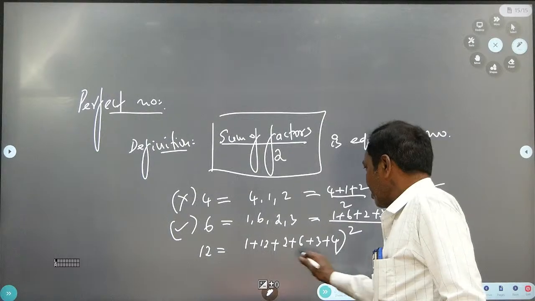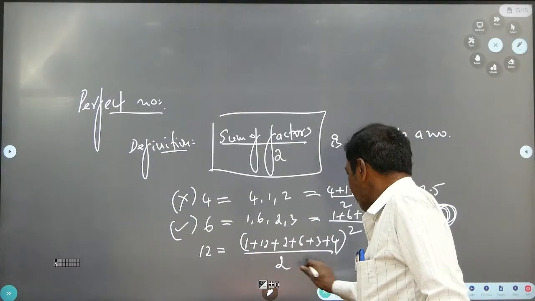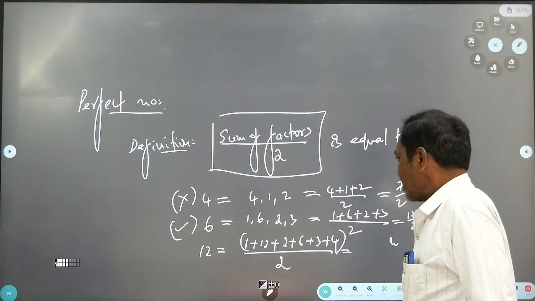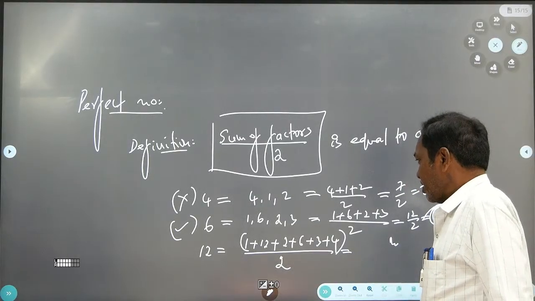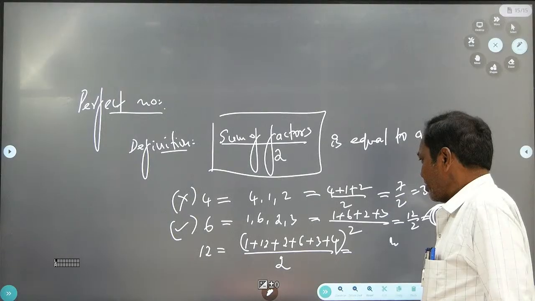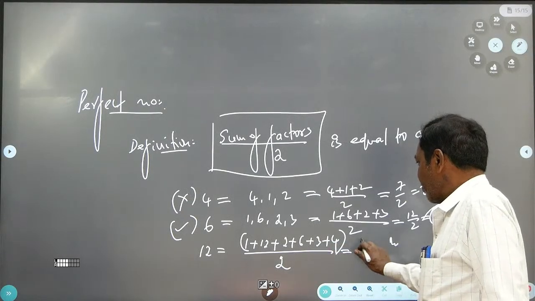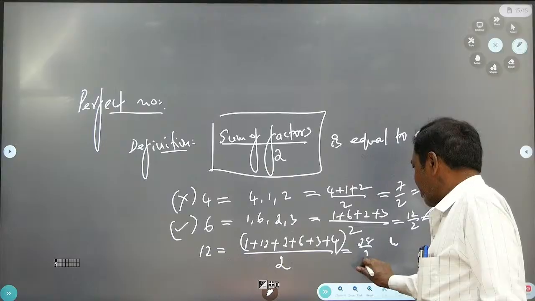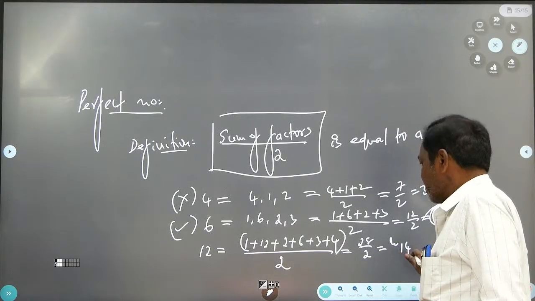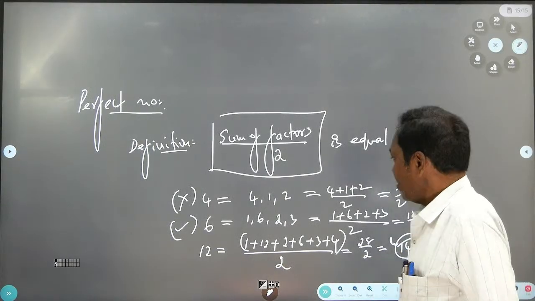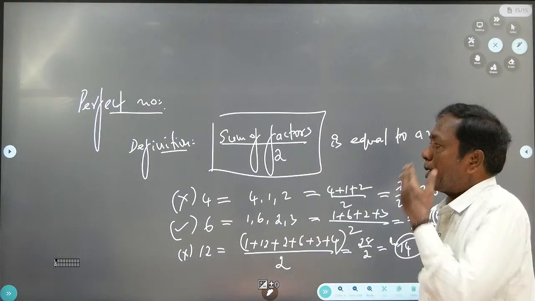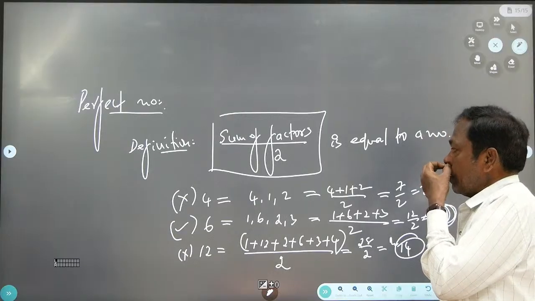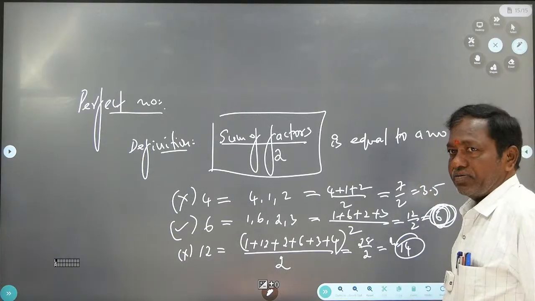That's enough. The sum is 13, 15, 21, 28. 28 by 2 is 14. So it's not possible. Like that you have to take the sum of the factors.